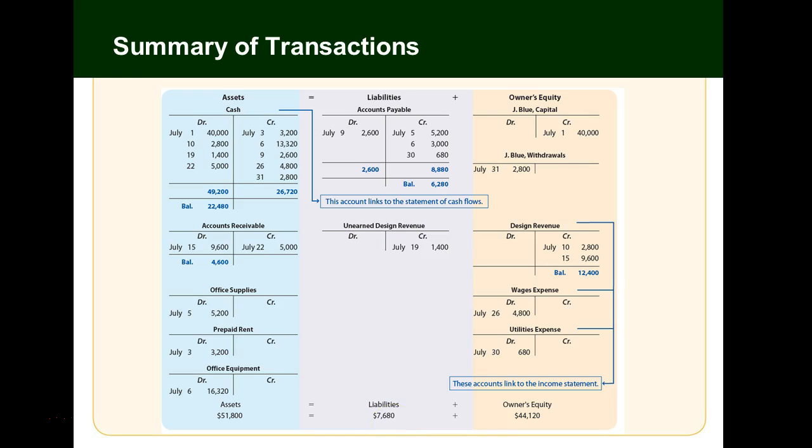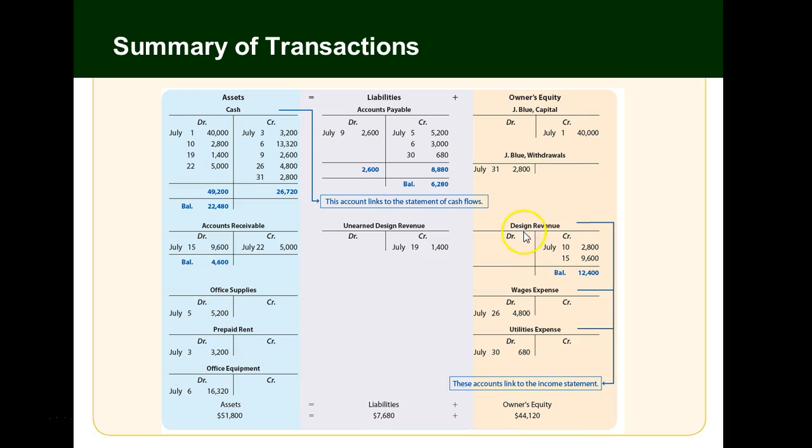Now the hardest part is our owner's equity, because right now we're taking our revenues, our income statements, and right now we're keeping them in owner's equity. So we start with J Blue Capital. We have a credit balance there, $40,000. We had J Blue Withdrawal, a debit of $2,800.